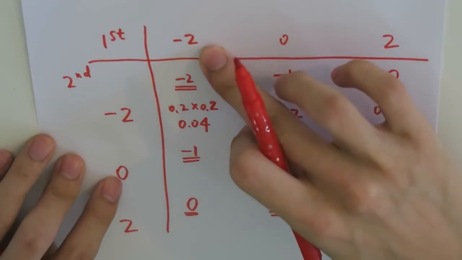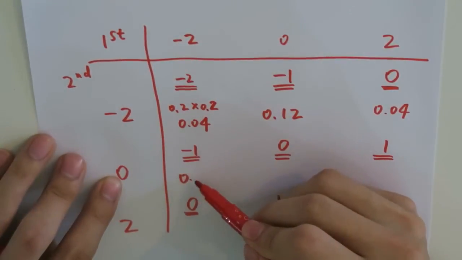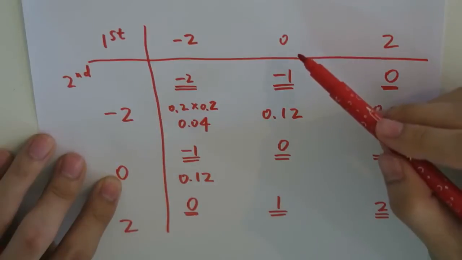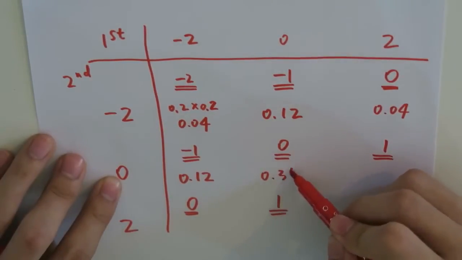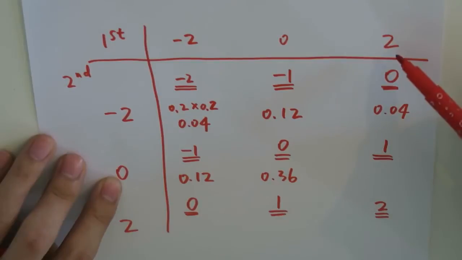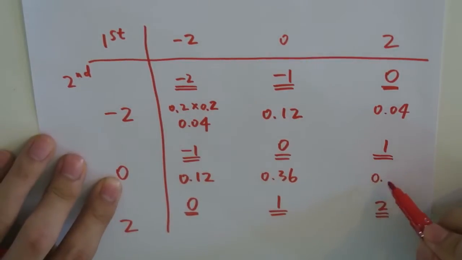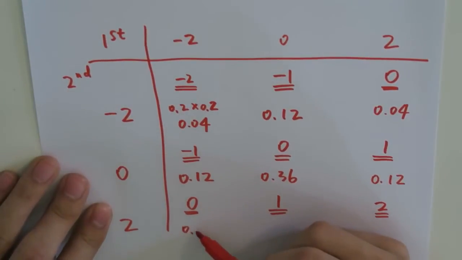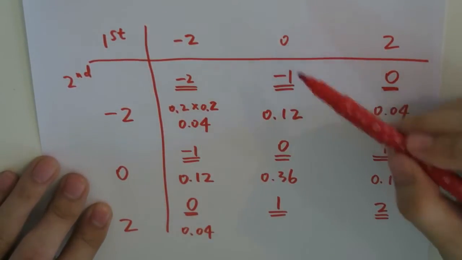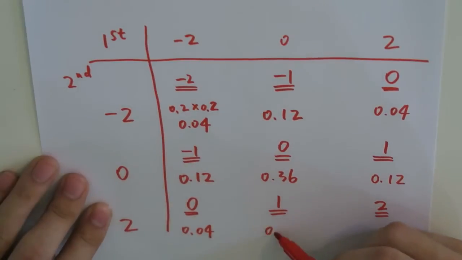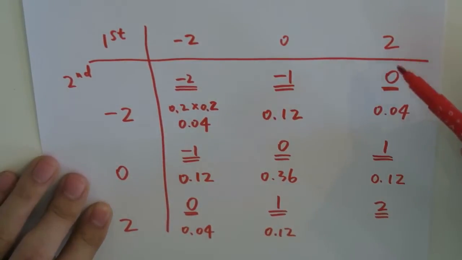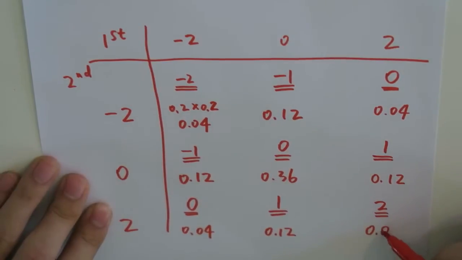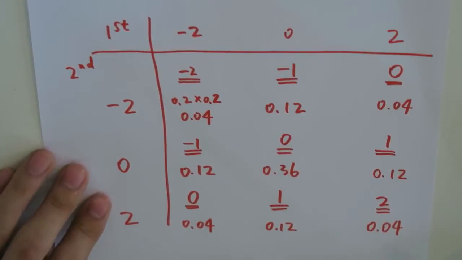So -2, 0, 0.12, 0 and 0, 0.36, 2, 0, 0.12, -2, 2, 0.04, 0 and 2, 0.12, 2 and 2, 0.04. Okay, so we now have all the probabilities of all the sample means.